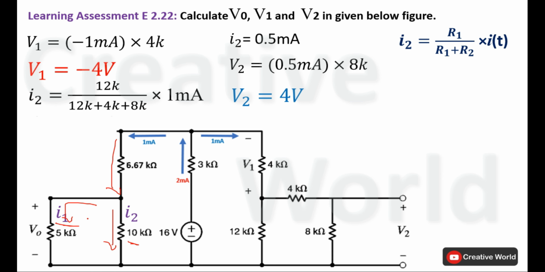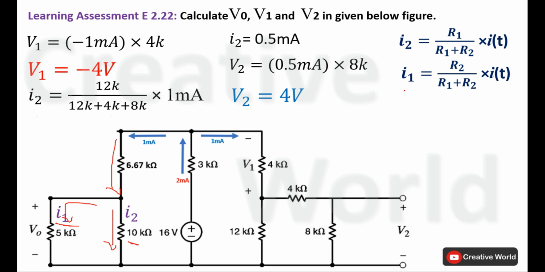Now we are interested to find the value of I1 because we have to calculate voltage across this 5 kilo ohm resistance, and that would be possible only whenever we have the value of I1. So in order to find the value of I1, we will use current divider rule.